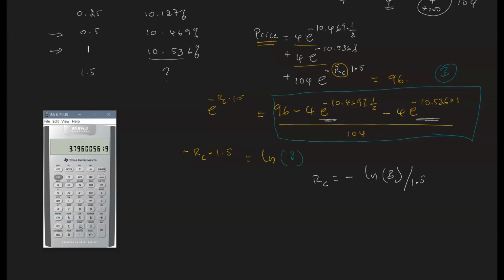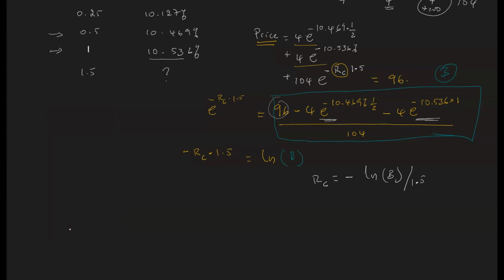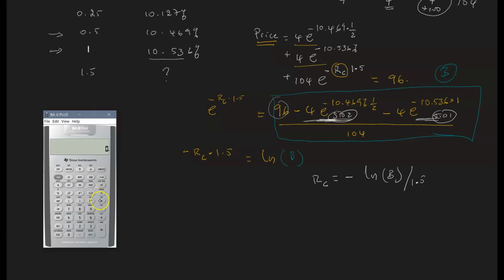What do I need to do next? Next, I'm going to get 96 minus my second memory slot. Remember, I stored this in 2 and I stored this in 1. So that's going to be 96 minus recall 2, minus recall 1 equal. That's going to be my numerator, and I'm going to divide that by 104 equal.